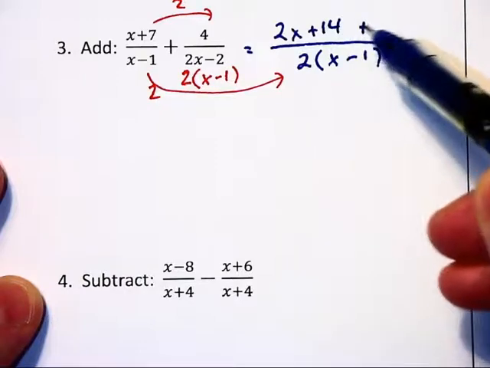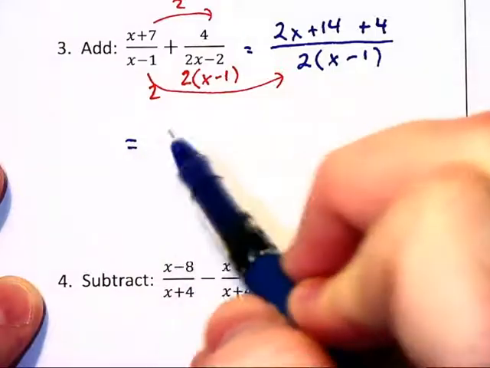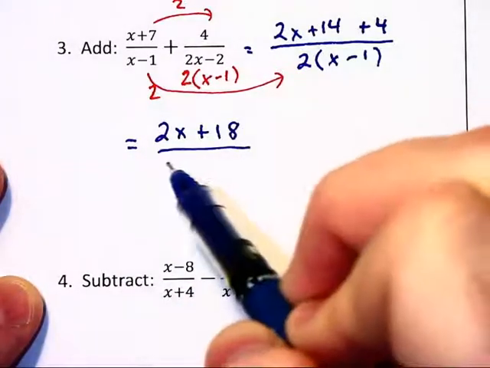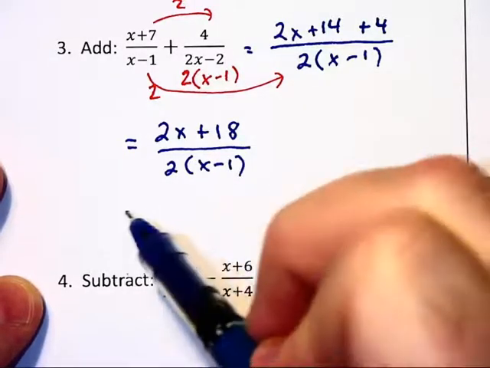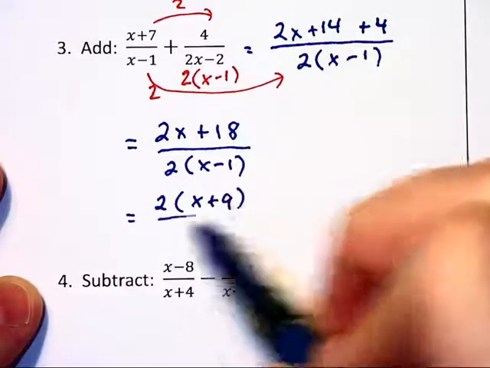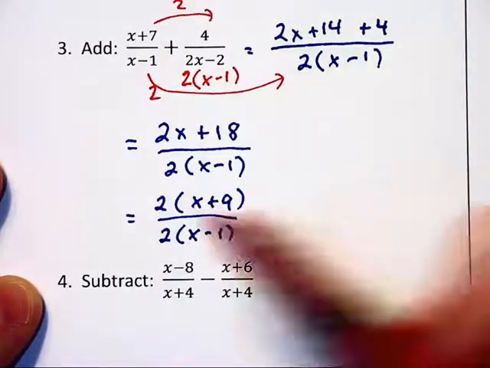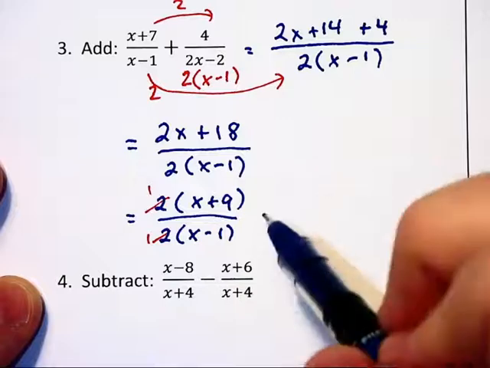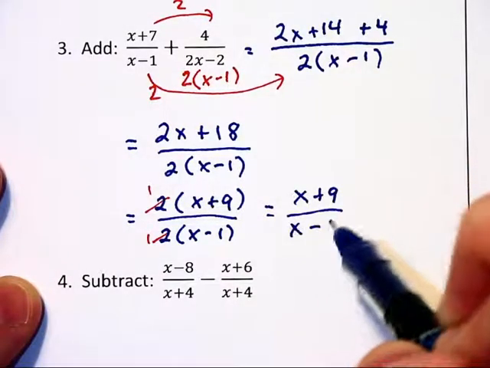We'll then add the 4 that we see from the second fraction. This now becomes 2x plus 18 over 2 times x minus 1. We note that we can factor a 2 out of the numerator, leaving x plus 9 over this 2 times x minus 1. And now those 2's out in front will cancel each other out, and this will simplify to x plus 9 over x minus 1.